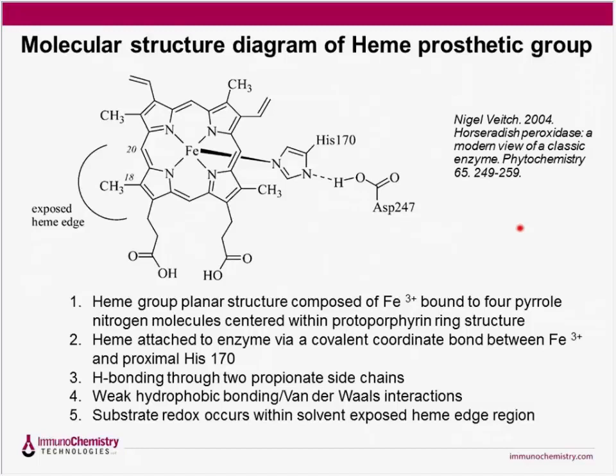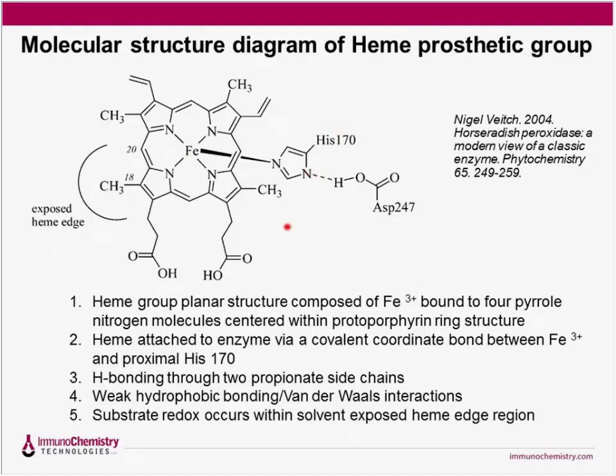This slide shows us the heme prosthetic group. The heme prosthetic group is very flat, has a flat planar structure. Every heme prosthetic group contains a centralized +3 oxidation state iron, which is attached to the porphyrin ring via 4 pyrrole nitrogens, and the heme is also attached to the enzyme covalently via a coordinate linkage to the histidine 170 amino acid on the protein.